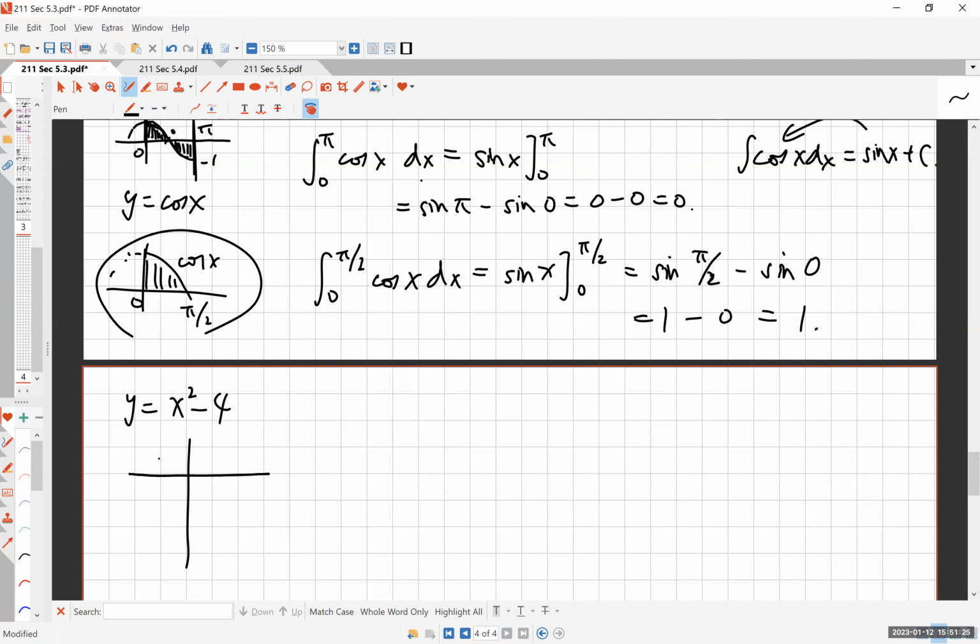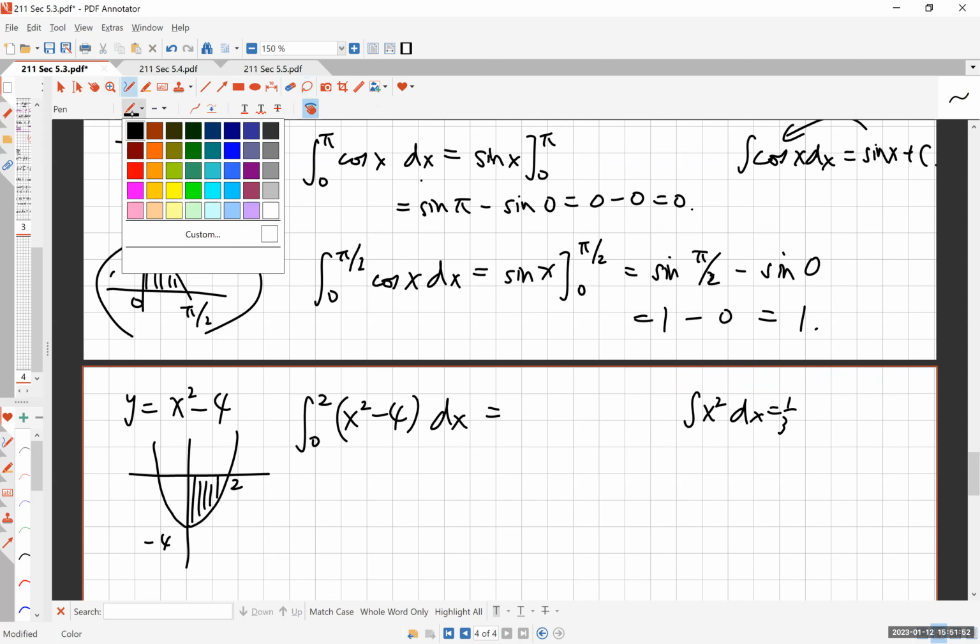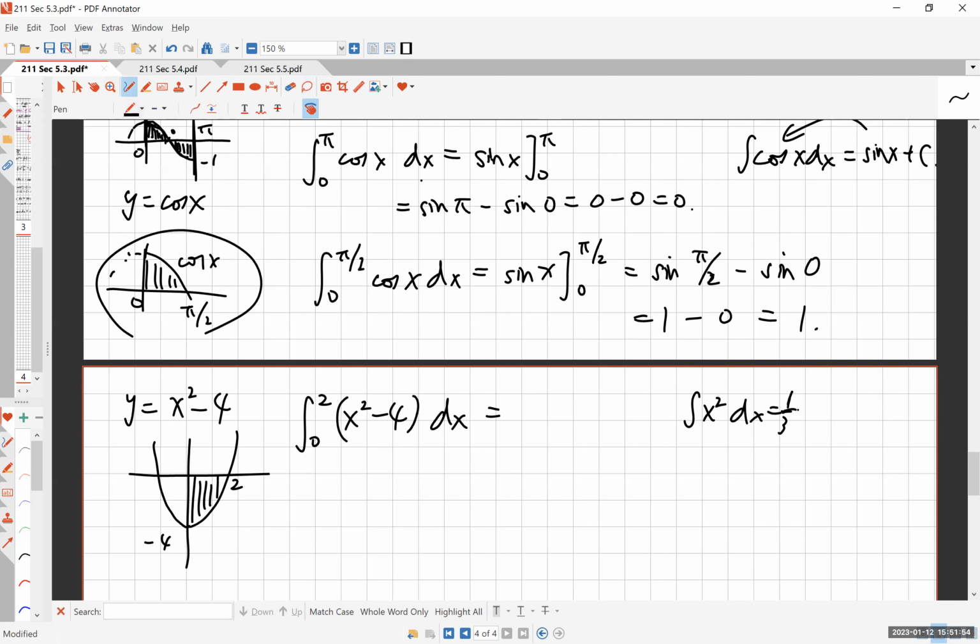Now remember, this was 1/3. So let's go ahead and find the antiderivative of x squared, which is 1/3 x cubed. I think we had this before. Yeah, the very first one.